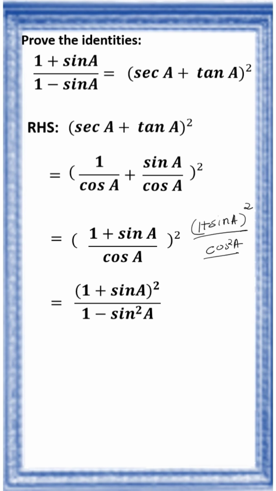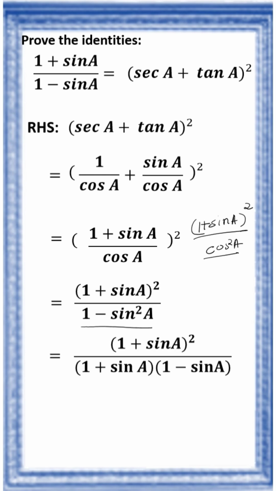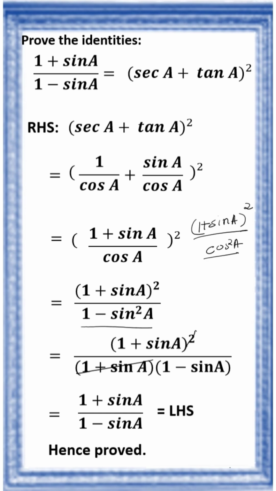Now let us rewrite the denominator as 1 plus sin A into 1 minus sin A by the identity A square minus B square is equal to A plus B into A minus B. Here you can observe that 1 plus sin A in the denominator and in the numerator get cancelled. So 1 plus sin A upon 1 minus sin A, which is equal to LHS, hence proved.